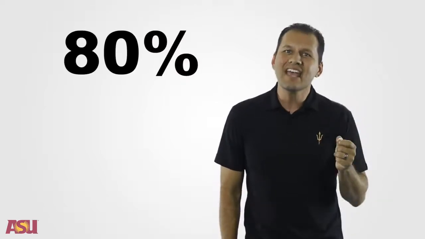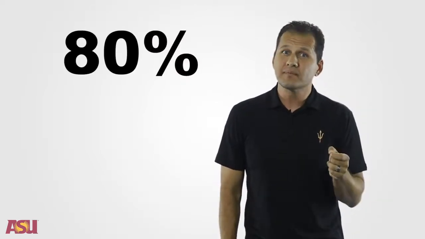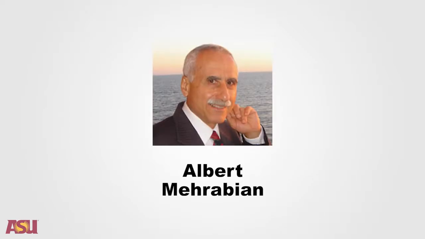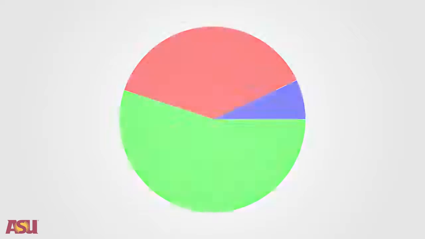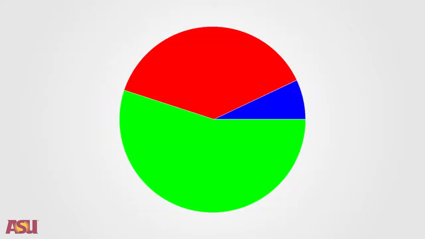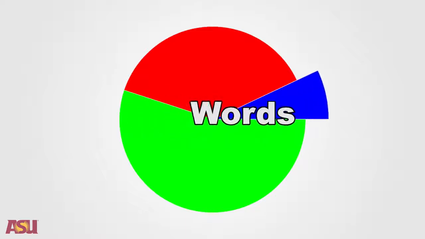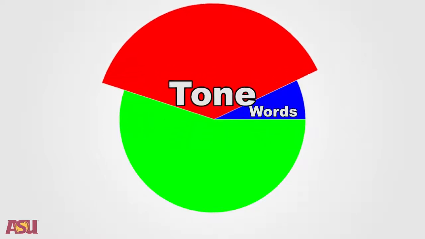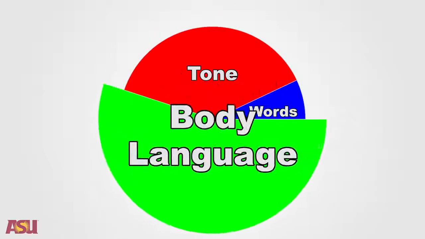In fact, some researchers put the level of nonverbal communication as high as 80% of all communication. Albert Mehrabian is noted for finding a 7, 38, 55% rule, supposedly denoting how much communication is conferred by words, tone, and body language.